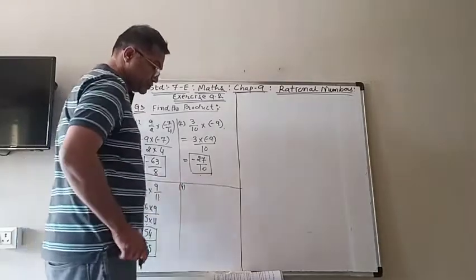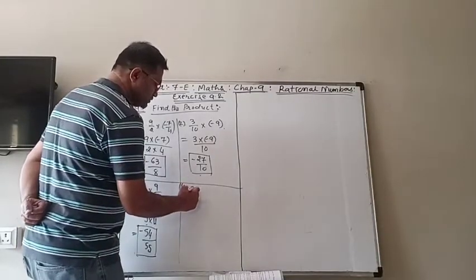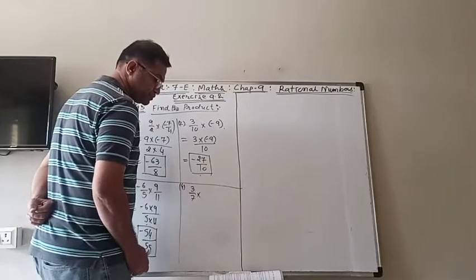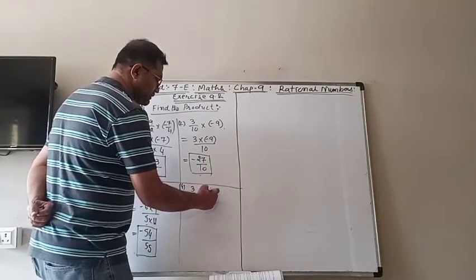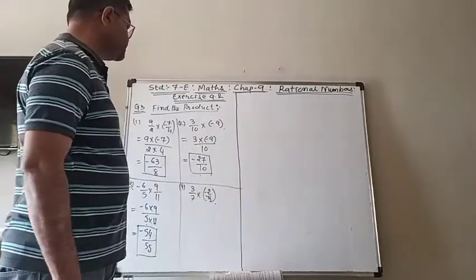Fourth one is 3 upon 7 multiplied by minus 2 upon 5.